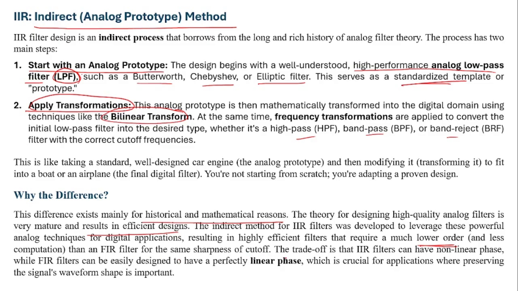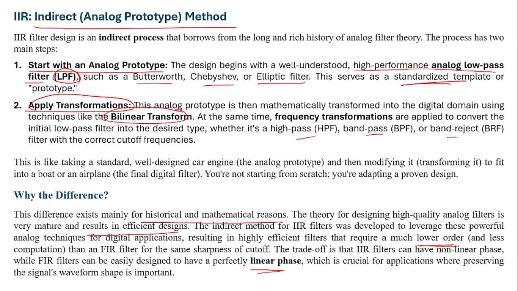The trade-off is that IIR filters can have non-linear phase, while FIR filters can easily be designed to be perfectly linear phase, which is crucial for applications where preserving the signal's waveform shape is important.